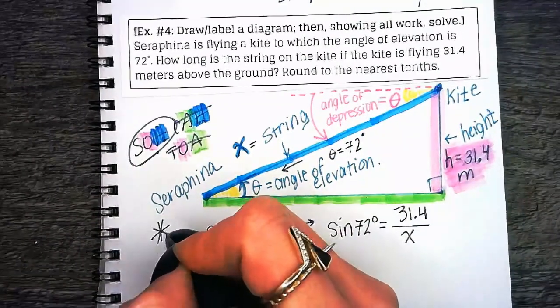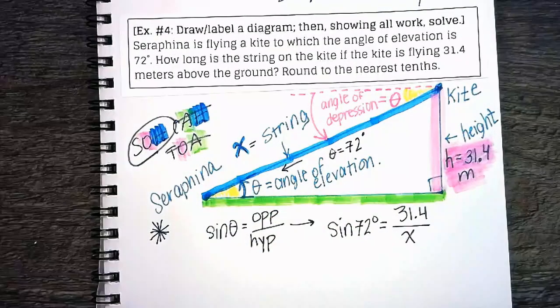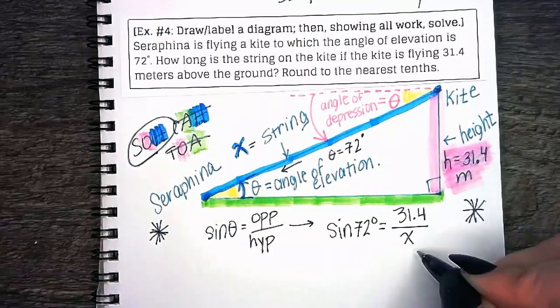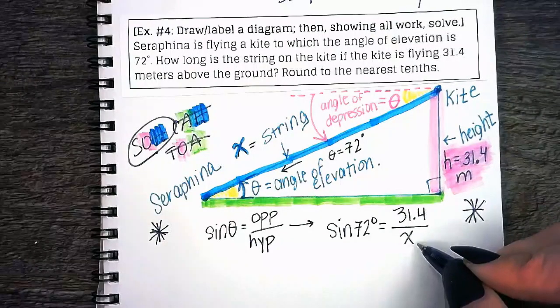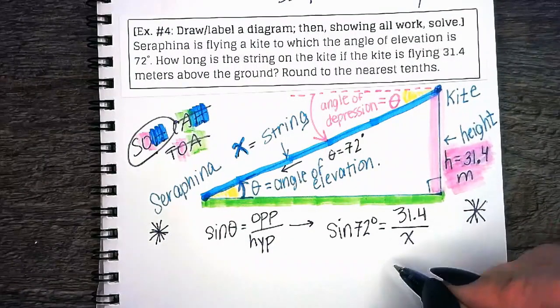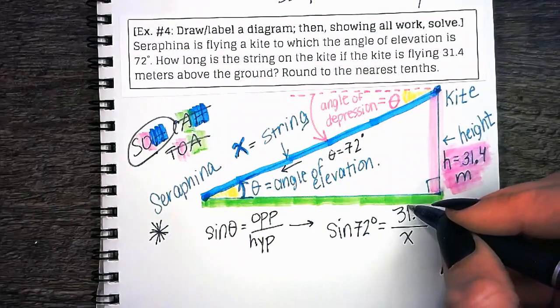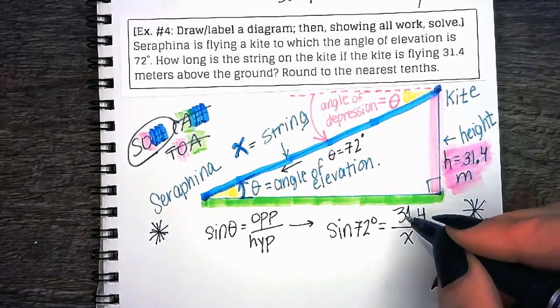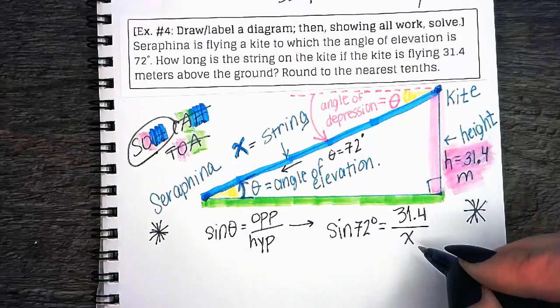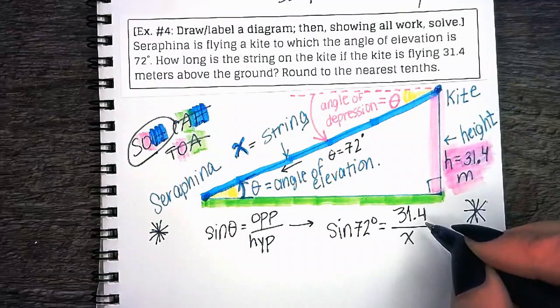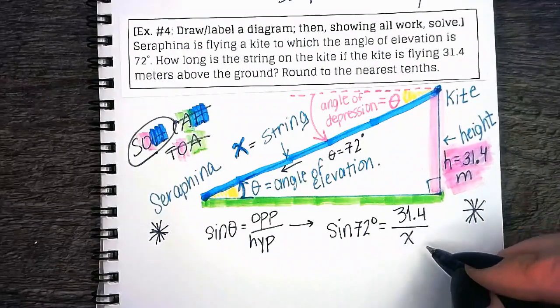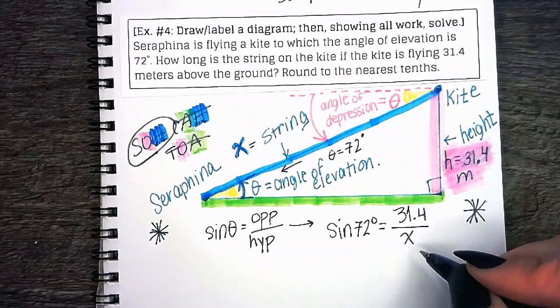This is the kind of problem that people really tend to mess up. When you're solving for an x that's in the denominator, things are not what they seem. I watch way too many people do this, where they divide by 31.4 and they think they're done. That is not true. If you divide by 31.4, you will not have the answer. You will have the reciprocal of the answer.